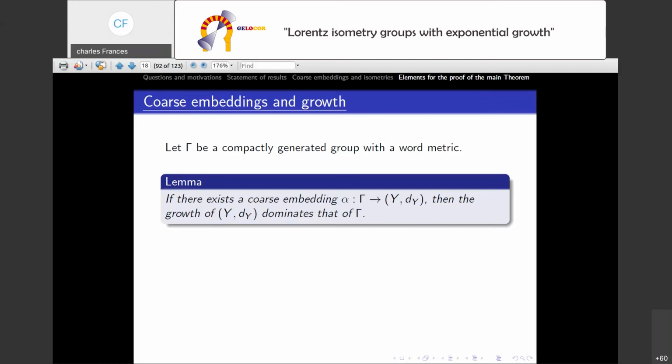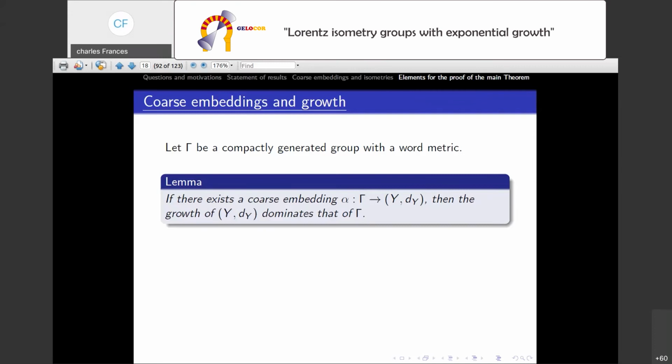So let me briefly explain why it holds. Assume that gamma has exponential growth, and let us check that the same must hold for Y. Gamma having exponential growth means that a ball of radius r has, basically up to constants, exponential in r elements.